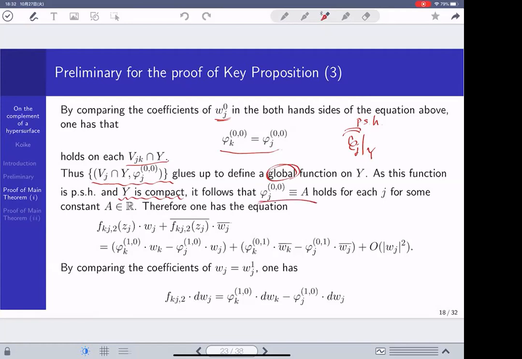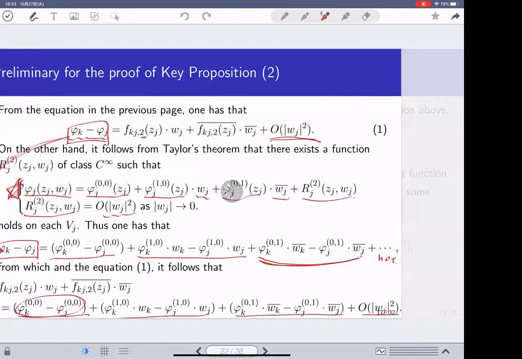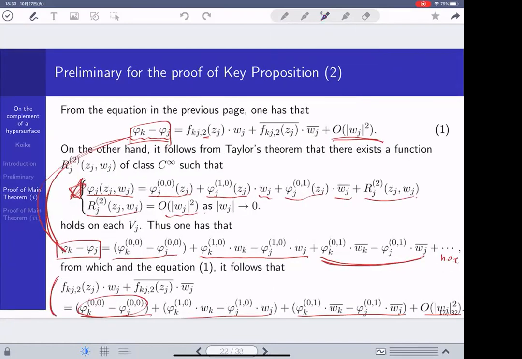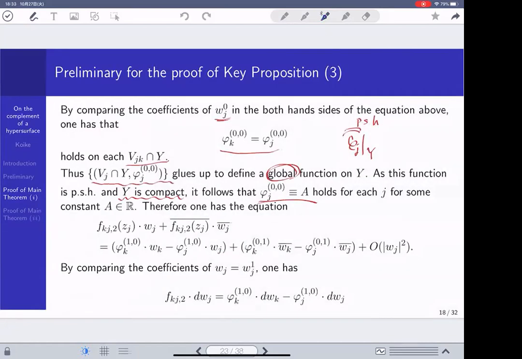There exists a constant a such that phi j00 is equal to a for each j. So this one is equal to a, and this one is equal to a. So this term vanishes. So one has that phi kj2 wj plus phi kj2 bar w bar is equal to this one plus higher order term.